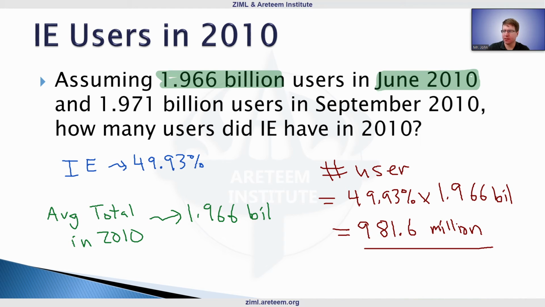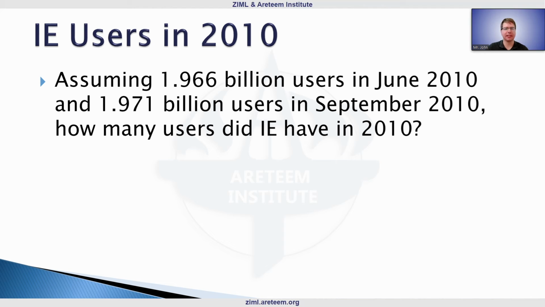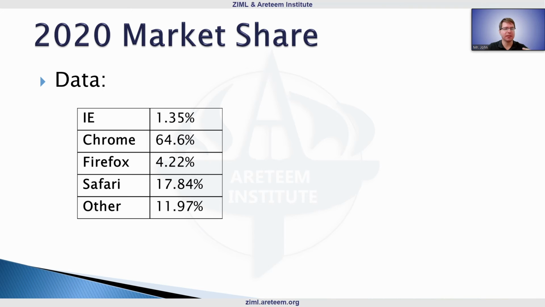So let's repeat this a little bit to see some changes over time. So one way to do these things would be looking at these different years. So 2020, things have changed quite a bit here. Internet Explorer is 1.35% market share. Chrome has taken a bunch, 64.6. Safari, other, growing there.